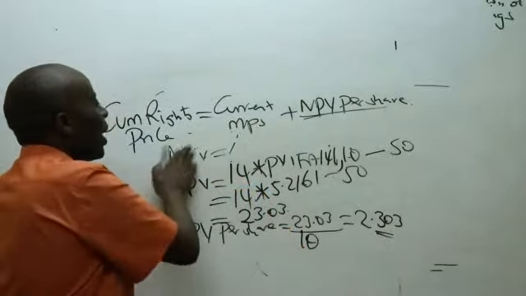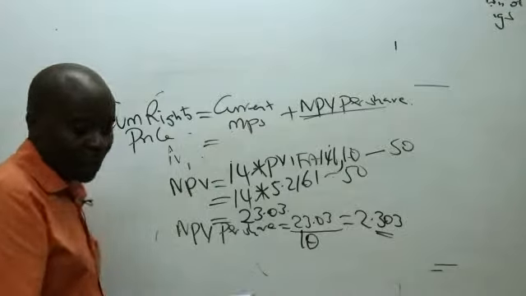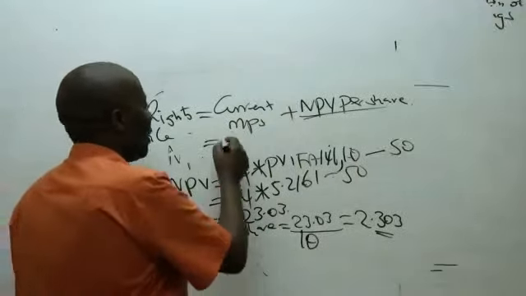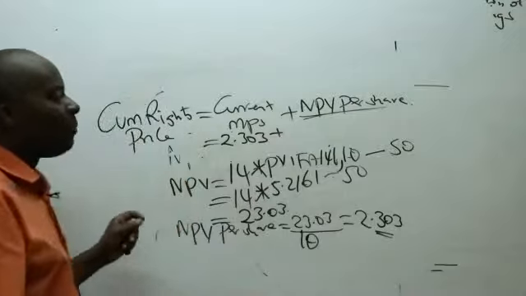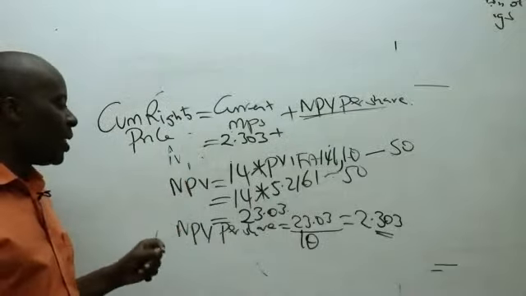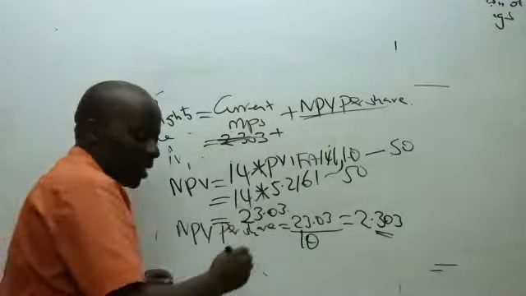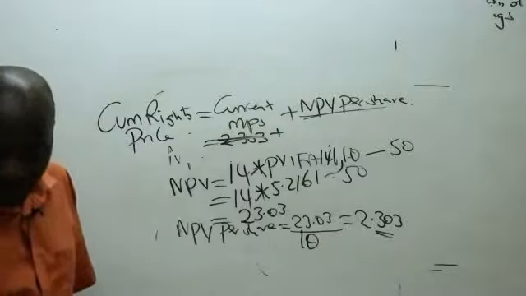So my come right price will be equal to the current MPS plus NPV per share. The current MPS is not this one; it has been given in the question.